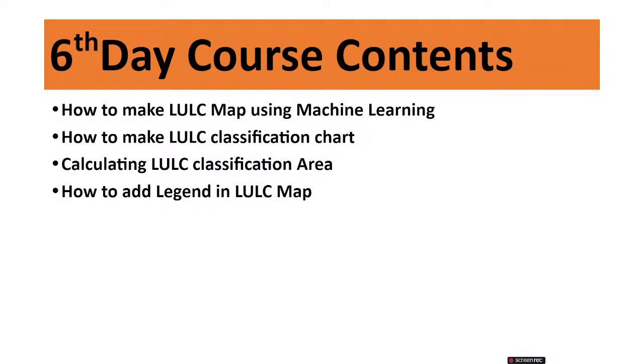Then how to make the land use land cover classification chart. In this part we calculate the area for specific classes and make the chart, then calculate the land use land cover classification area, then how to add the legend on the classification map.